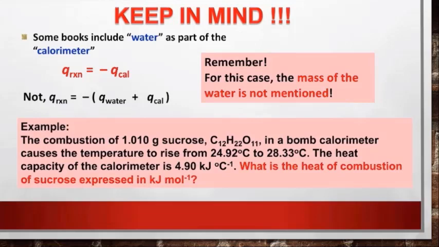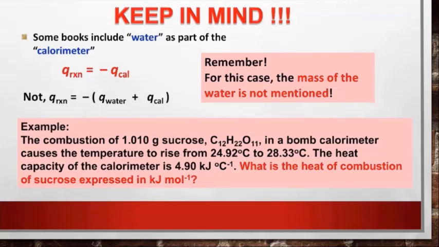This question says, the combustion of 1.010 grams sucrose in a bomb calorimeter causes the temperature to rise from 24.92 degrees Celsius to 28.33 degrees Celsius. The heat capacity of the calorimeter is 4.90 kilojoule per degree Celsius. What is the heat of combustion of sucrose expressed in kilojoule per mole? If you notice here, there is no mass of water mentioned.